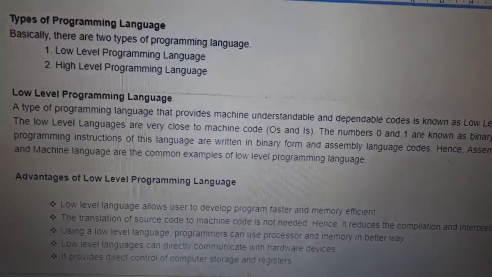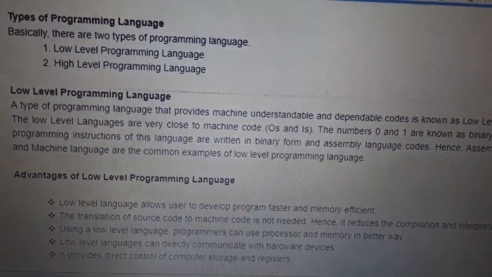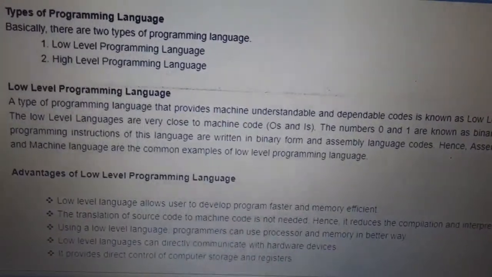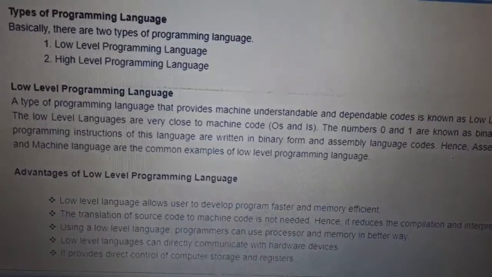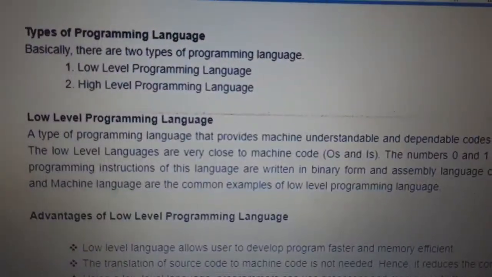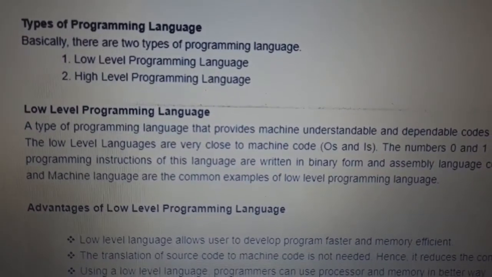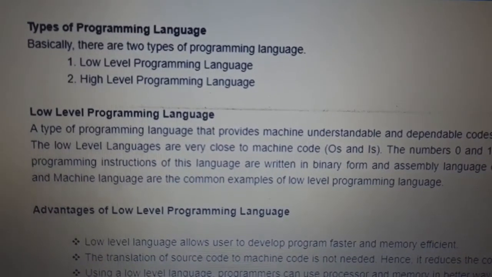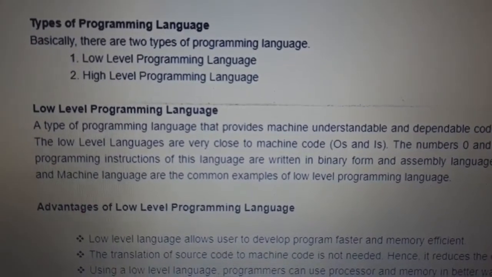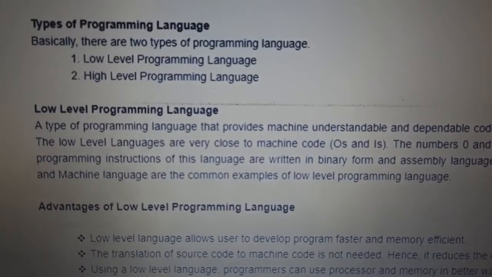Types of programming language. Basically, there are two types of programming language. Number one is low level programming language. Number two is high level programming language. So first one is low level programming language. A low level programming language is a programming language that provides little or no abstraction.